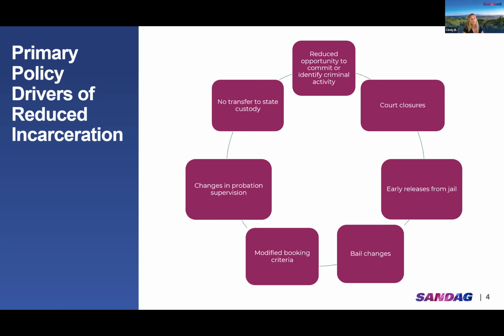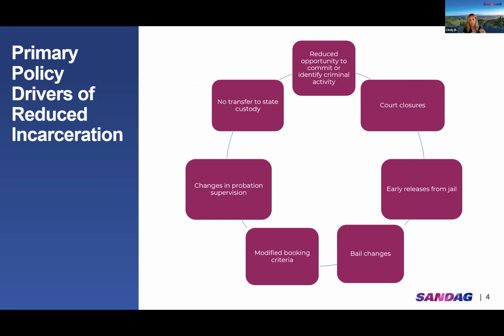So many of these policies could have changed over time, but they were related to, at least in part, court closures, individuals being released early from jail who could be released without compromising public safety, changes in bail numbers and zero bail policies of not requiring people to post bail to be released, modified booking criteria, including, for example, individuals who were arrested for motor vehicle theft not being booked into jail.